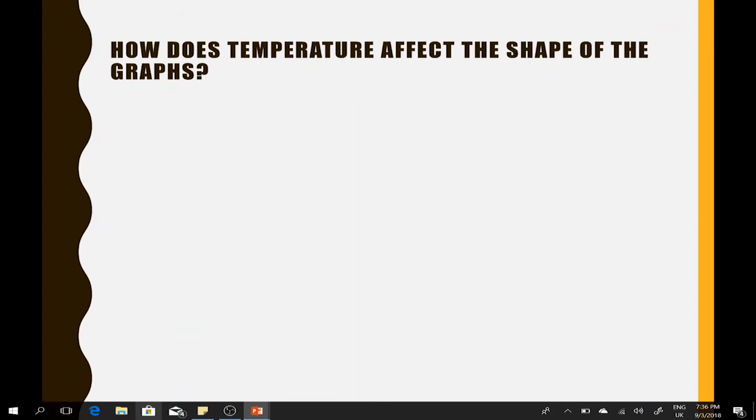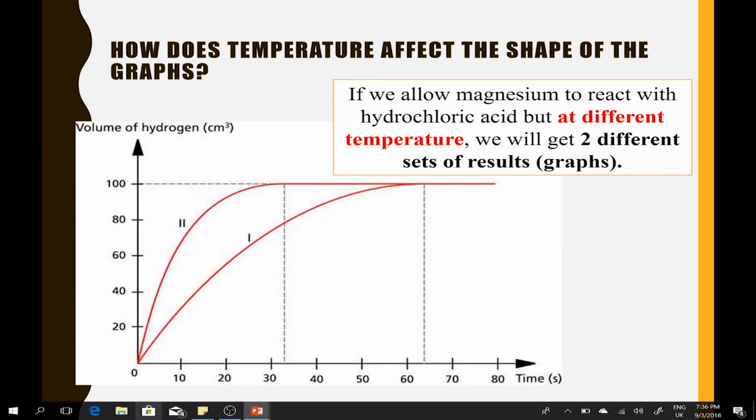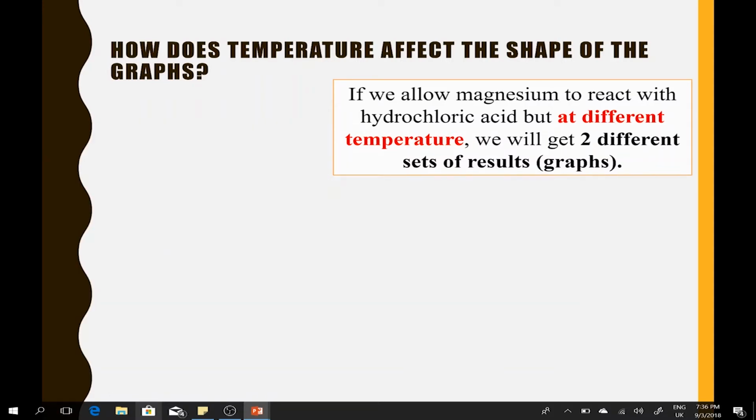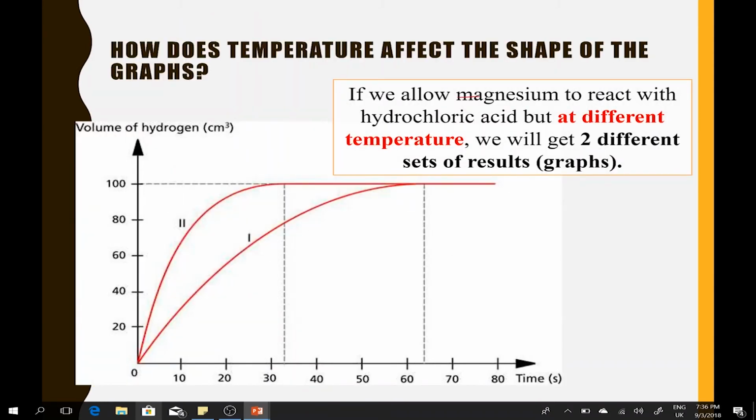How does temperature affect the shape of the graphs? If you allow the magnesium to react with hydrochloric acid but at different temperatures, I believe we're talking about calcium carbonate, so can we all change this magnesium to calcium carbonate? If you allow the calcium carbonate to react with hydrochloric acid at different temperatures, we will get two sets of results, one faster than the other.